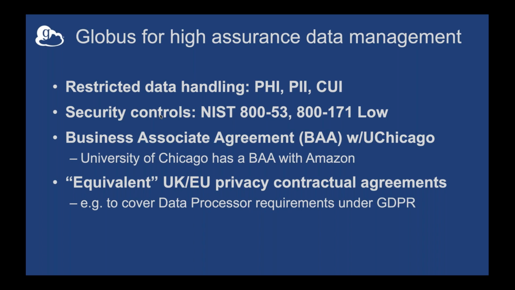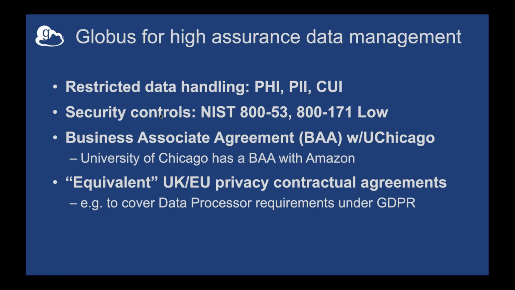And these extensions have primarily been around the processes that are used to manage access to the Globus service, although there's some minor changes to the service itself, for example, ensuring that file names, which could contain personal health information like patient names, are not transferred without being encrypted.